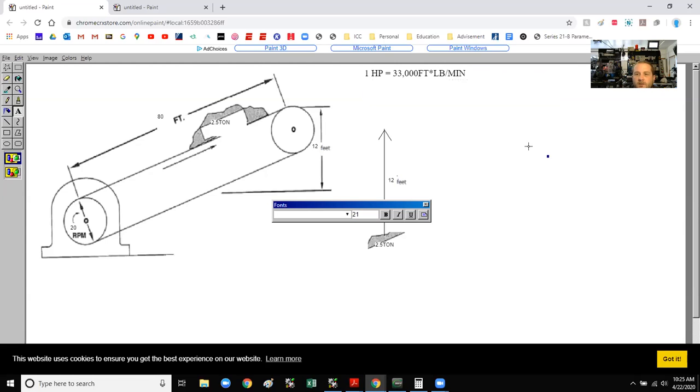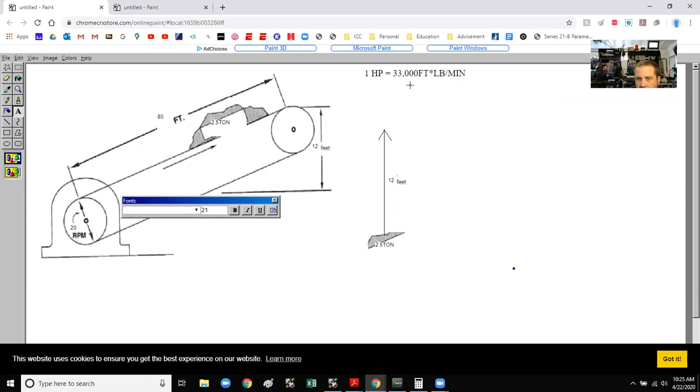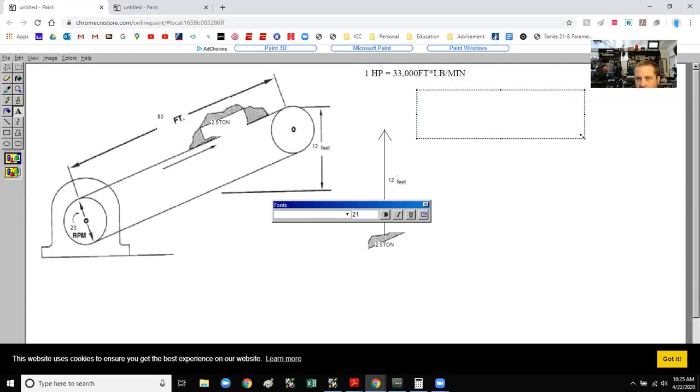So how many foot-pounds is this? Two and a half tons would be 5,000 pounds of weight, times the feet. So our pounds would be 5,000 and our distance would be 12.